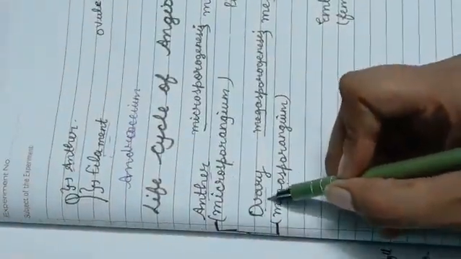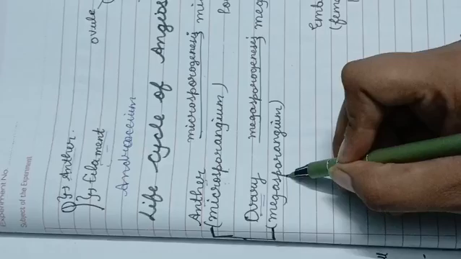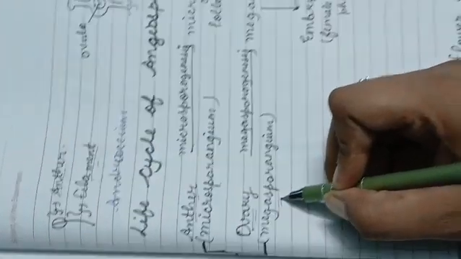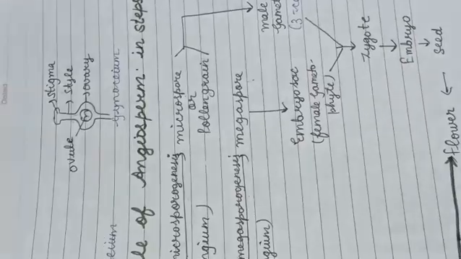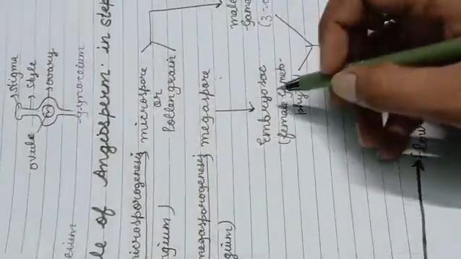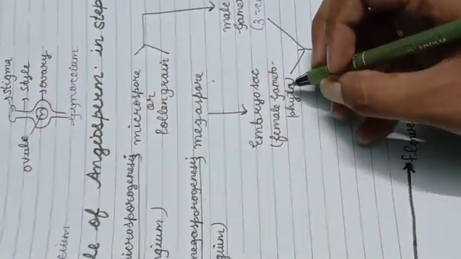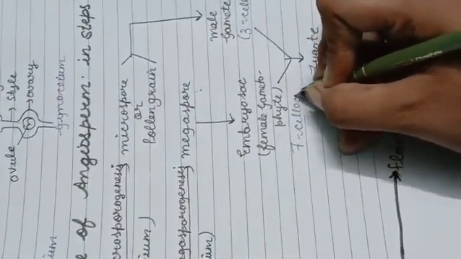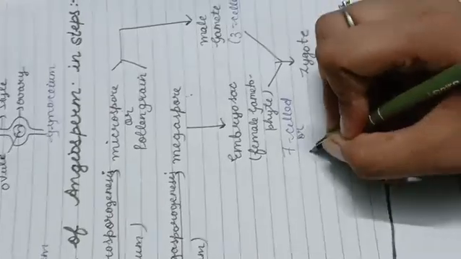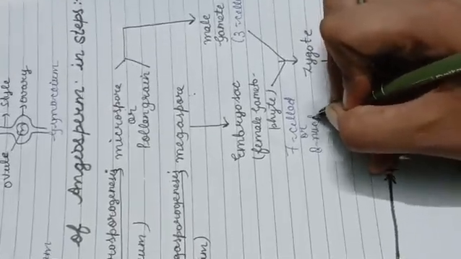And as we move to the ovary, it is also known as megasporangium, and it performs megasporogenesis and produces megaspore. After cell division, the megaspore is converted into the embryo sac or female gametophyte, which is a seven-celled, eight-nucleate structure.